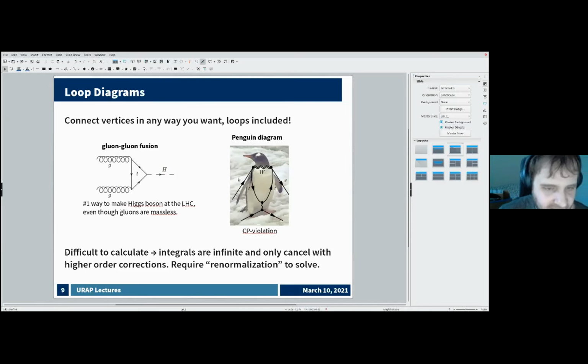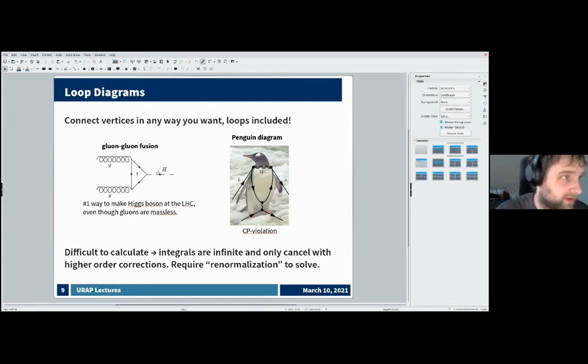When we make Higgs bosons at the Large Hadron Collider, this is actually the most likely method of producing them, which is quite funny because you think of the Higgs boson, and you'll learn more about this in the next lecture, as that particle that gives mass to other particles.